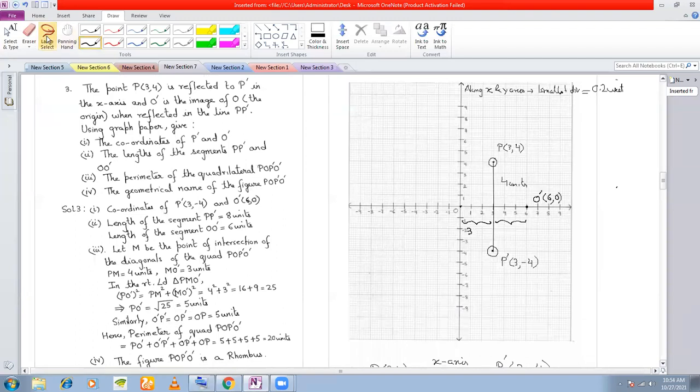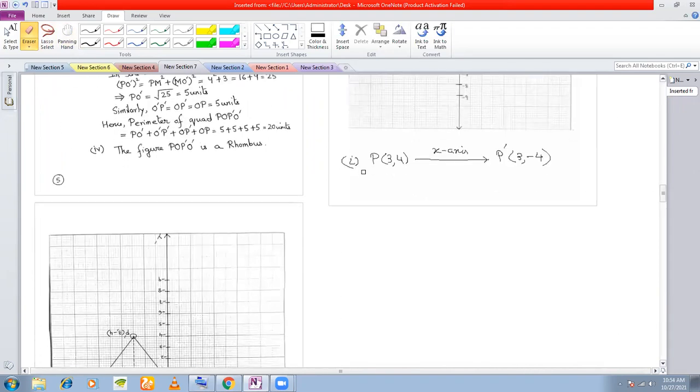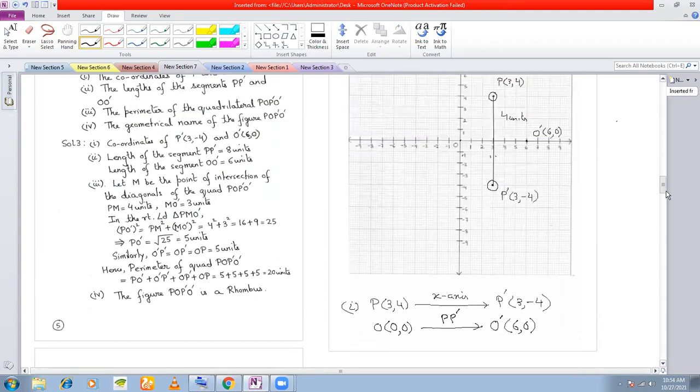So now you'll write here: O (0, 0) when reflected in the line PP dashed becomes O dashed (6, 0). So you have written the coordinates, you have plotted also.